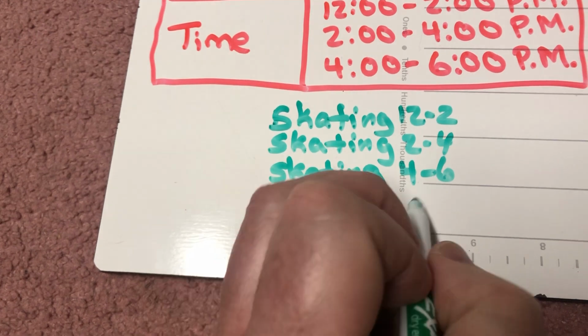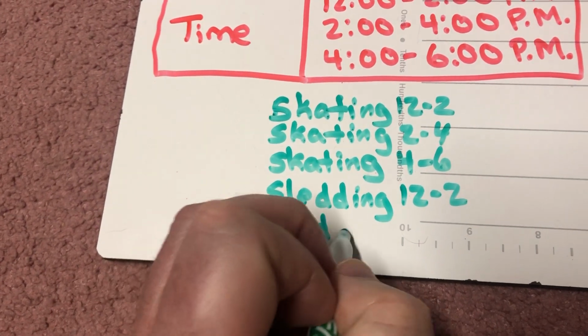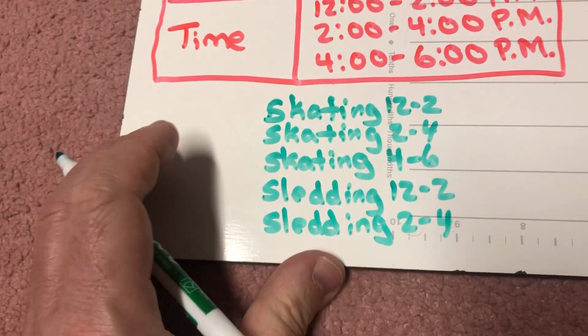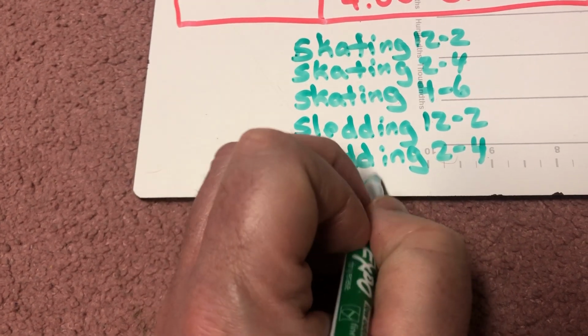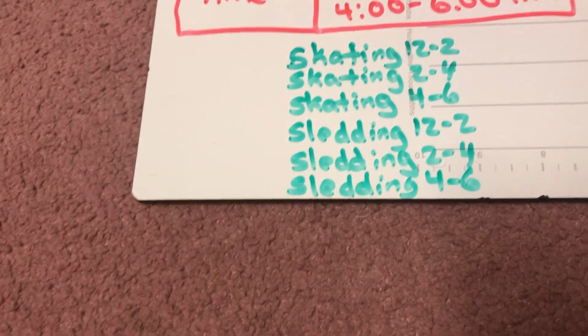sledding, 12 to 2, sledding, 2 to 4, sledding, 4 to 6.